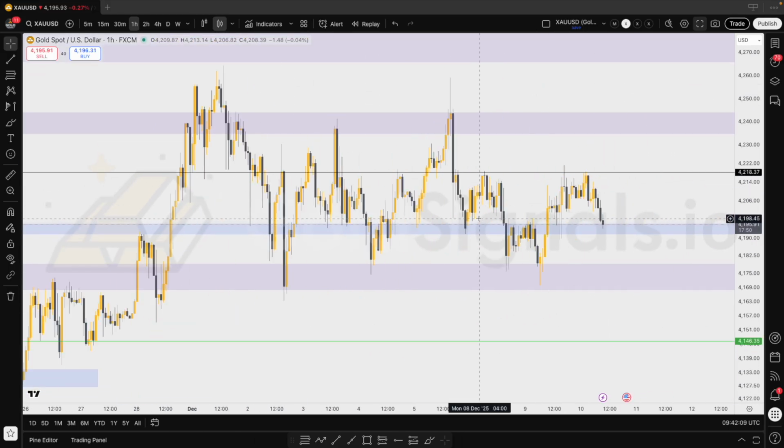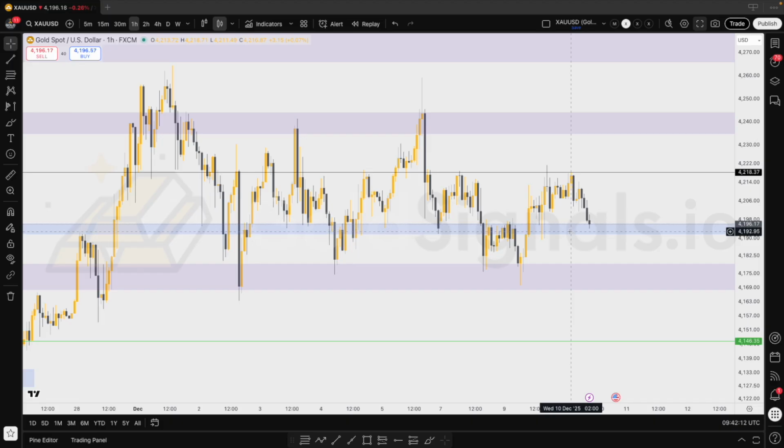I'm dragging it into the future. You can see that it's acting as a middle pivotal point for this overall consolidation. So we have this top side resistance, then that middle pivotal point, and then that absolute bottom side support, and we also have this very high top side resistance that we could expect to see price reject off of if we see price come into this area.